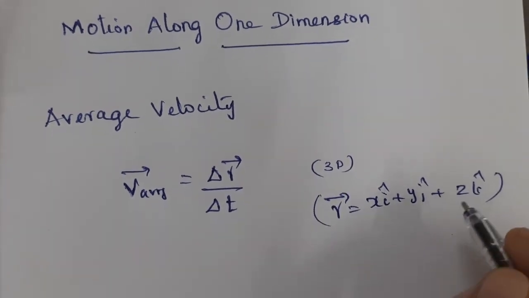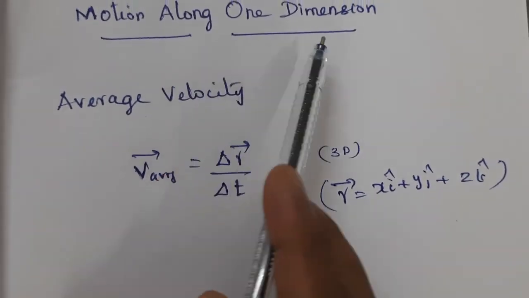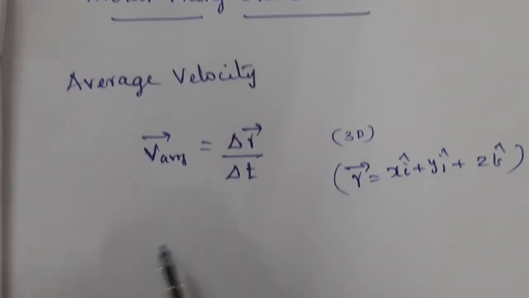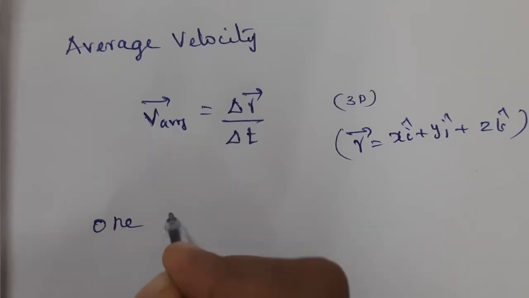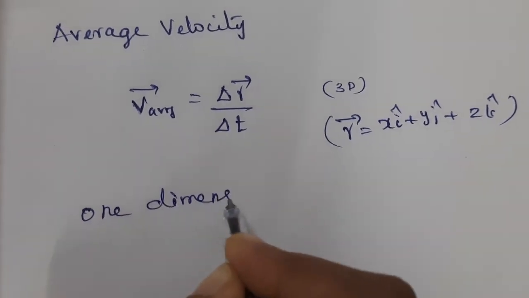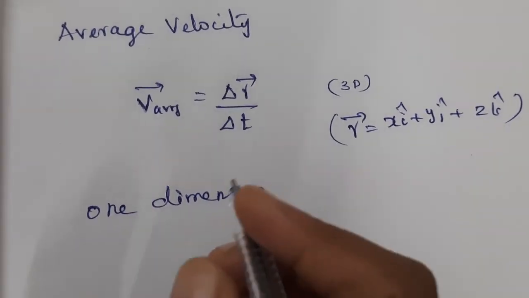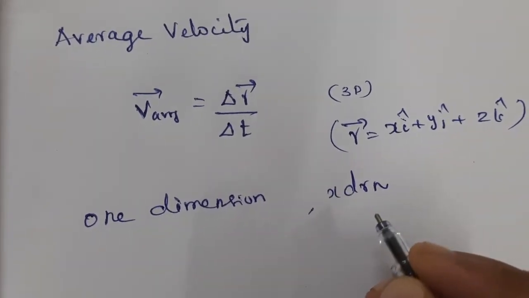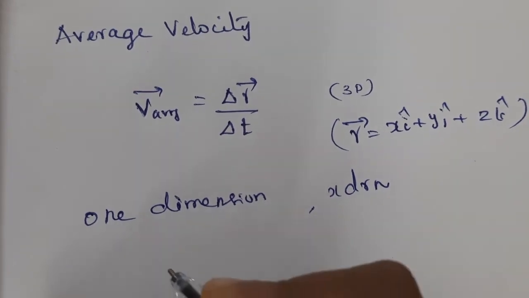Okay. Here we are going to learn along one dimension. So if a particle moves in one dimension, say along the x direction, then how can we write the average velocity?